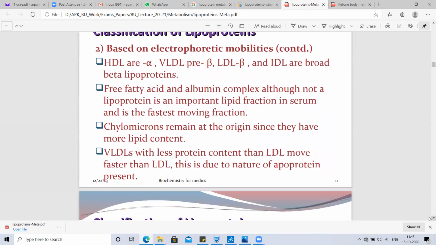Now we can also classify HDL and LDL on the basis of their protein part, that is, their electrophoretic mobilities. HDL are alpha lipoprotein, VLDL are pre-beta lipoprotein, LDL are beta lipoprotein, and IDL are broad beta lipoproteins.